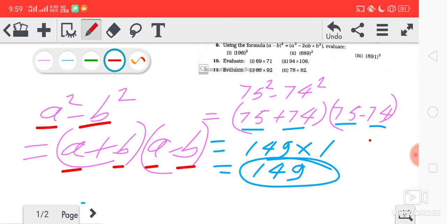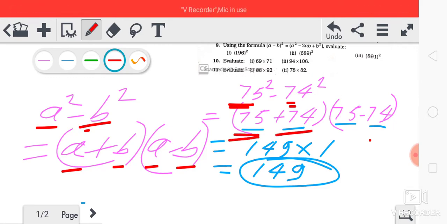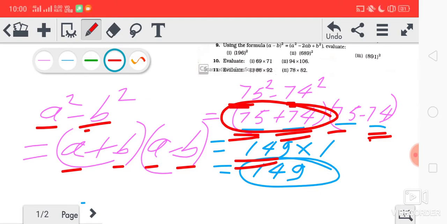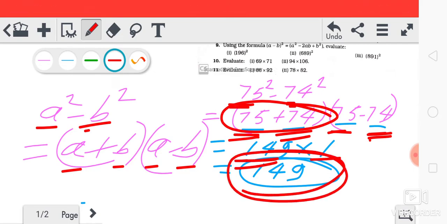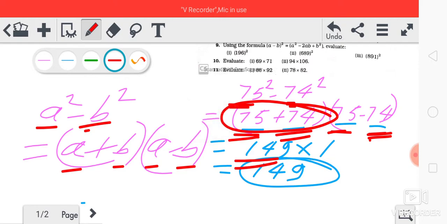Same way it is given: in place of a, 75 is there, in place of b, 74 is there. So 75 square minus 74 square is 75 plus 74 into 75 minus 74. After adding these two we get 149, and after subtracting 75 minus 74 we get 1. So 149 into 1 is 149 only. I hope this is clear to you.